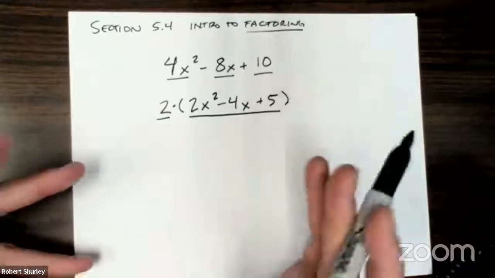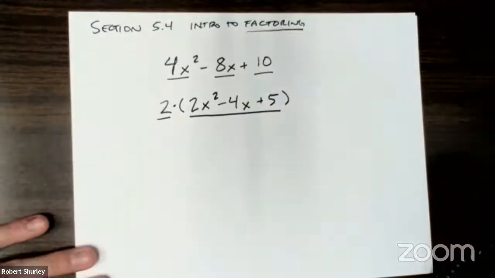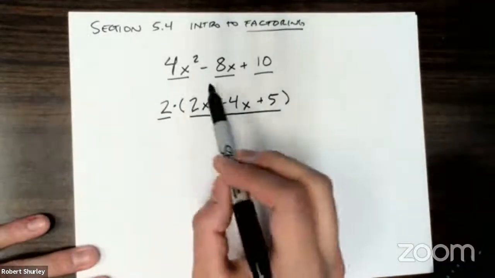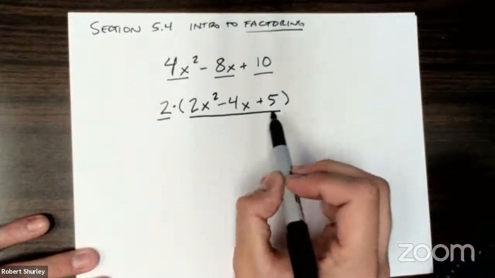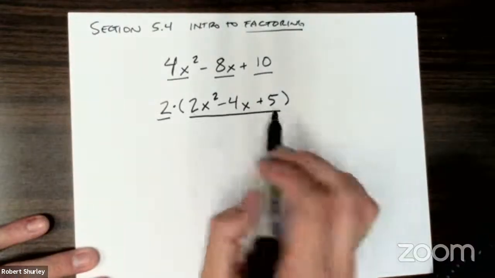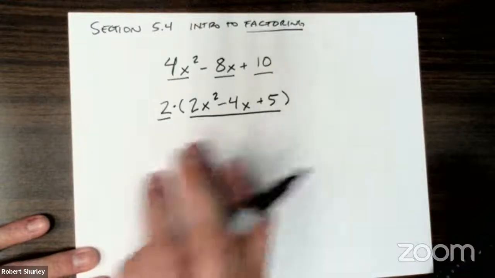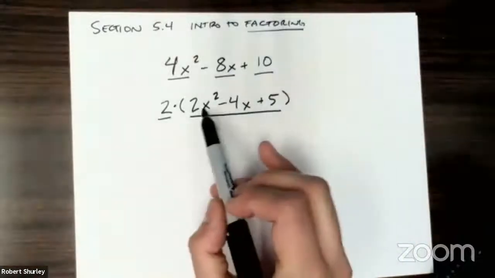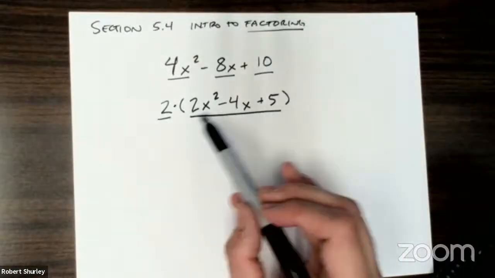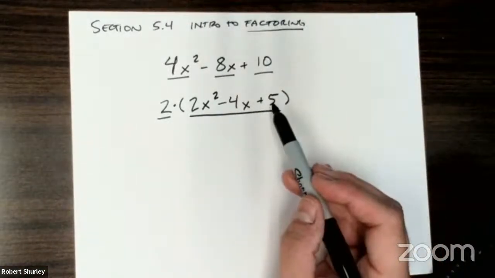Now, also to know that you're done, or a quick way to check it, you can multiply it back through. But before you do that, you need to look at the inside polynomial and see if there's anything else that's divisible into all 3 parts, which we definitely do not have. I mean, we had 2x squared, negative 4x, and 5. There's nothing divisible into all 3 of those.